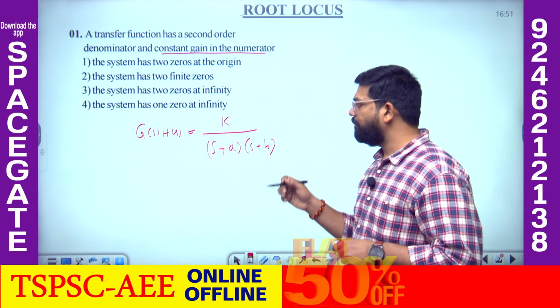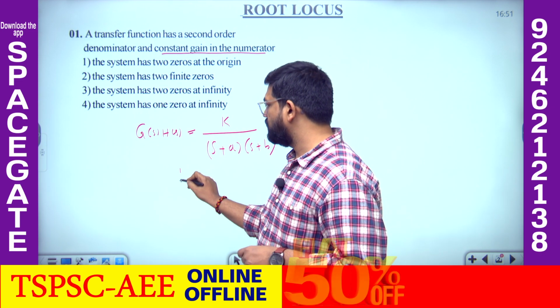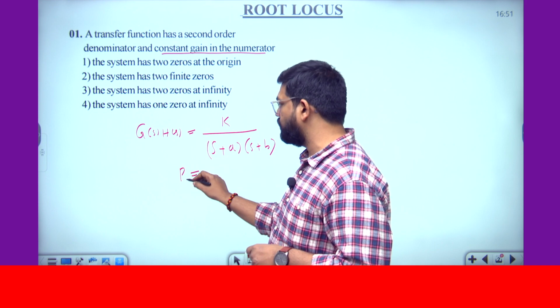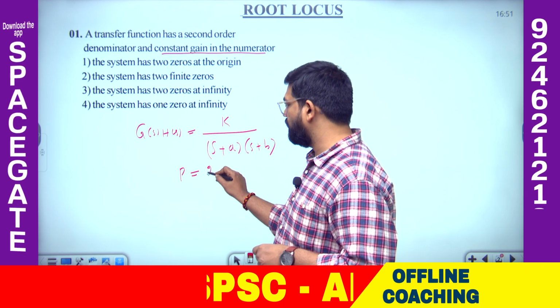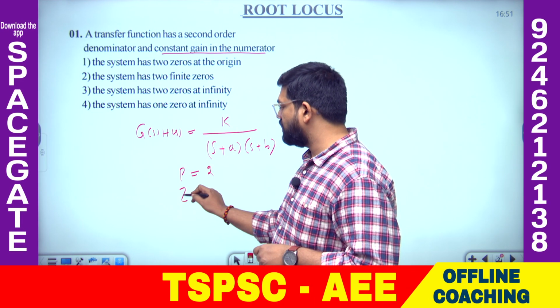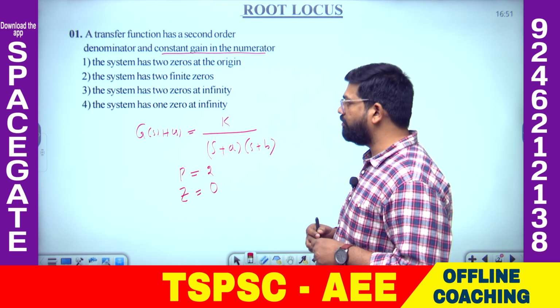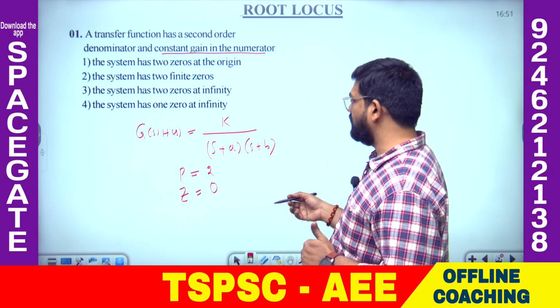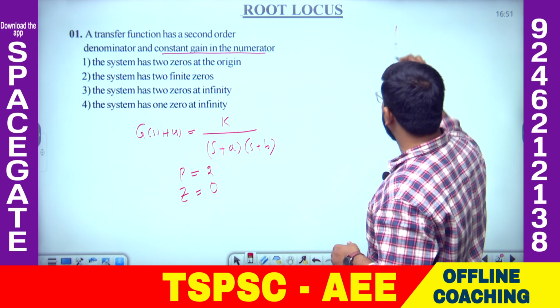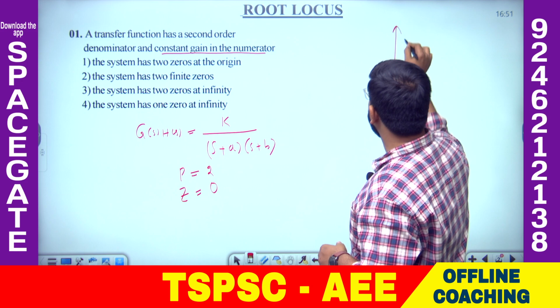Here I am indicating the number of poles with P. So how many poles are there here? 2. The number of open loop zeros is 0. So what is the number of branches if you draw the root locus for this?